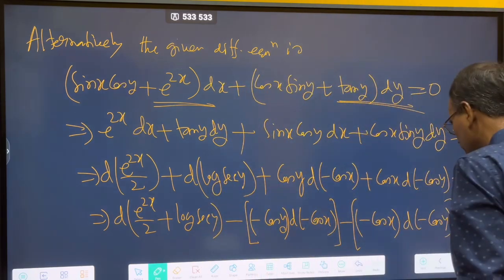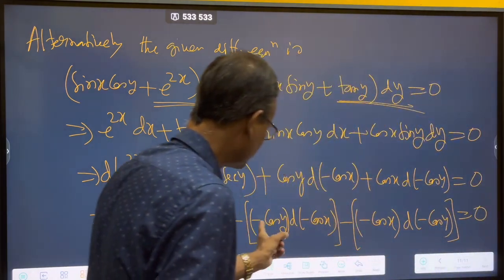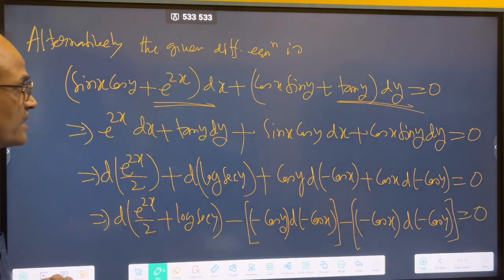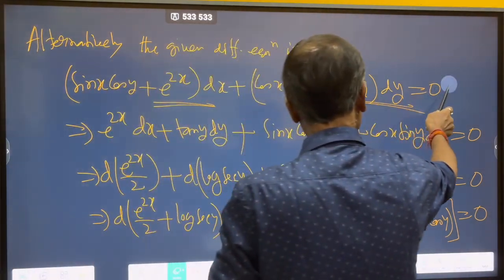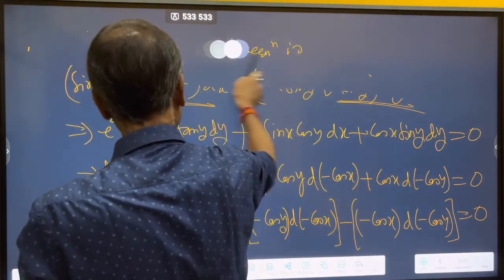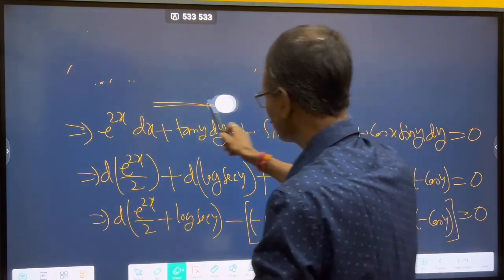Can I write like this? This is equal to 0. No problem. Let me write in this space. Alternatively we are writing this one.